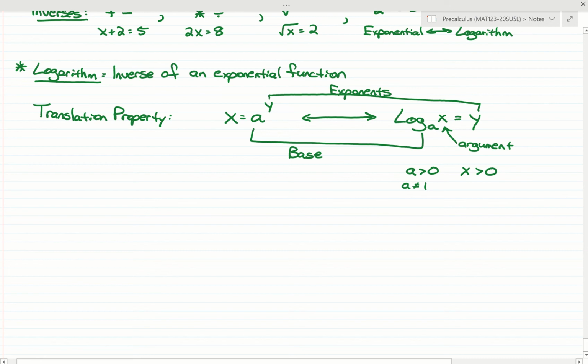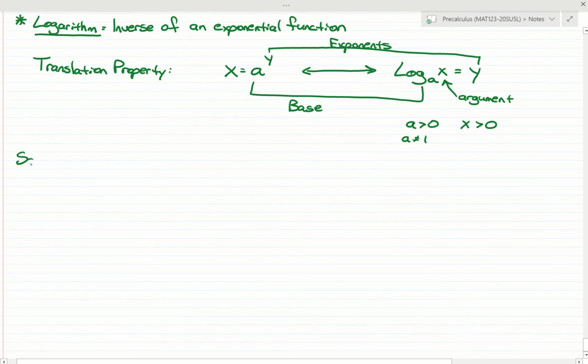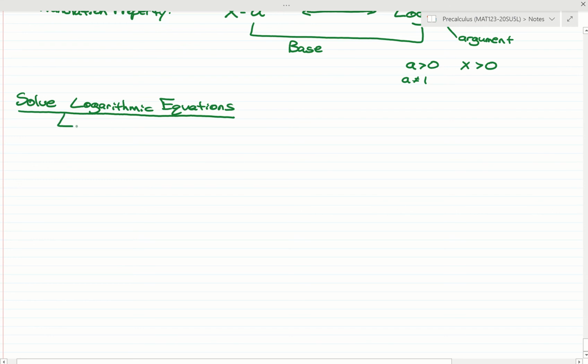So let's take a look at some problems where we'd be using the translation property. So let's solve logarithmic equations. The main idea with this is sometimes when people get stuck, it's always a good idea to try to translate first.